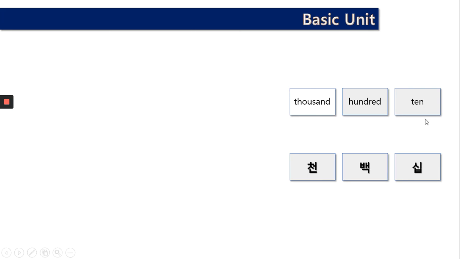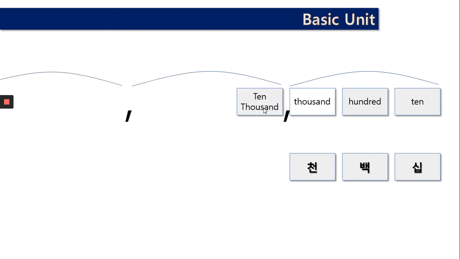In English, the basic units are thousand and million, right? So every 3 digits, we put a comma, and then we have a new basic unit. Above 1,000, we don't have another word: 10,000, 100,000, and then what?